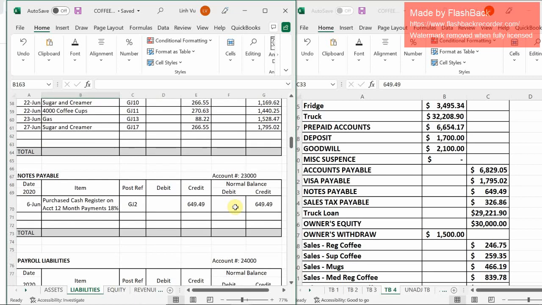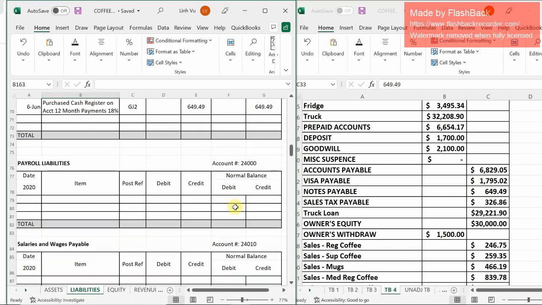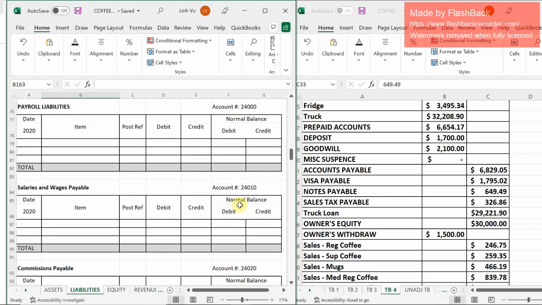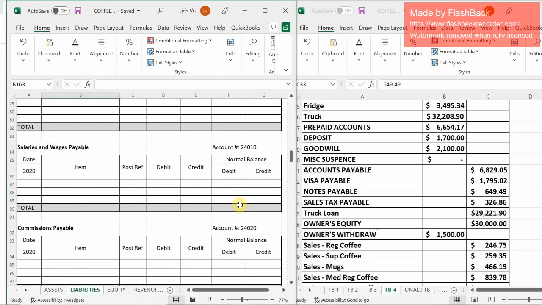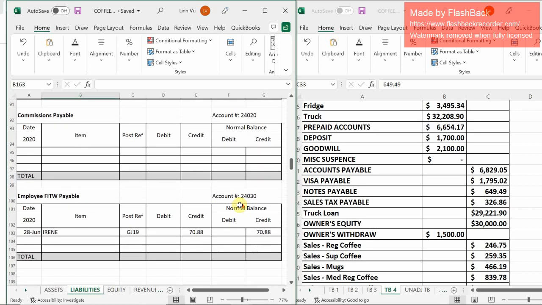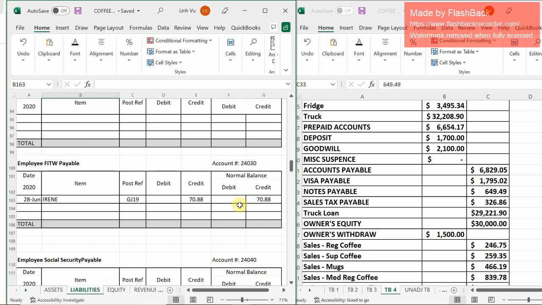I haven't made any payments to it. Okay. And now I am moving into payroll liabilities. First account is salaries and wages payable, nothing there. Commissions payable, nothing there. But my first account I have here is going to be employee FITW payable.